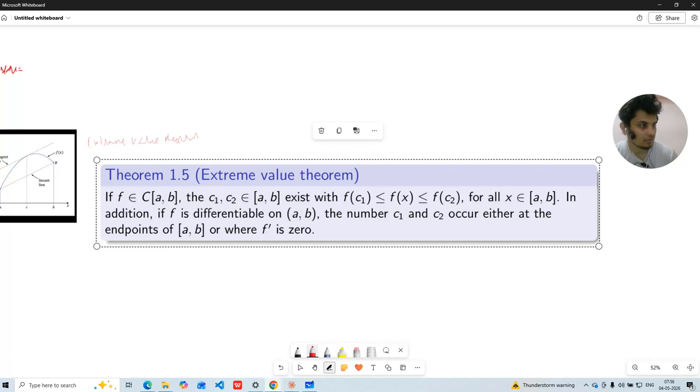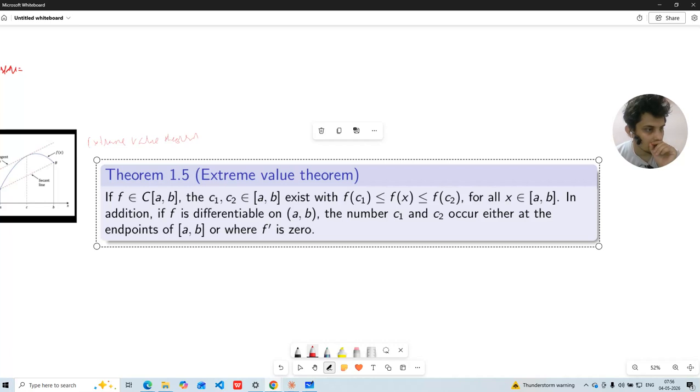Okay, let's see if this could be supported by some statements, some graphs. Global minimum, critical points, and global maximum.